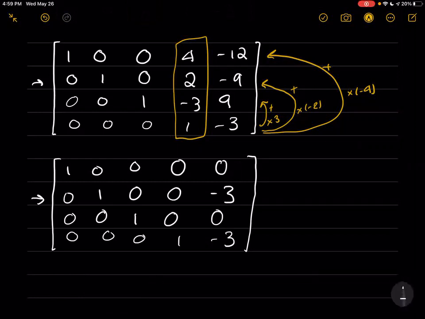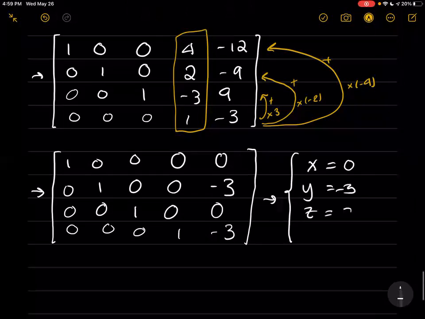So now when we translate this back into a system, we have 1 and then all zeros. So this is just going to be x equals 0. And then we get 0 for x, a 1 for y, zeros for the other variables, and then -3. So y equals -3. And then 0, 0, 1, 0, that's just going to be z equals, and this is 0, so it's going to be 0.